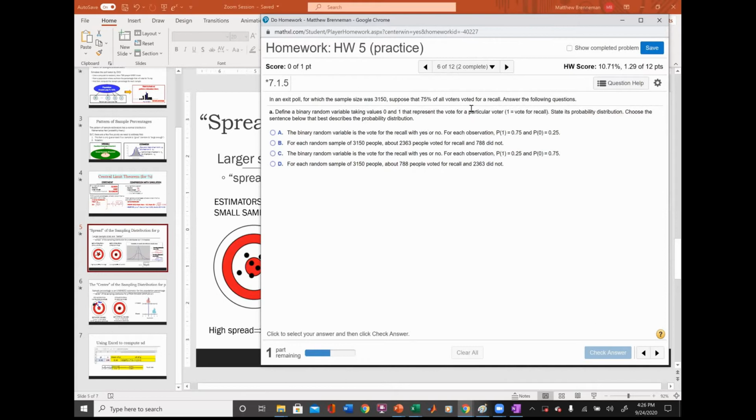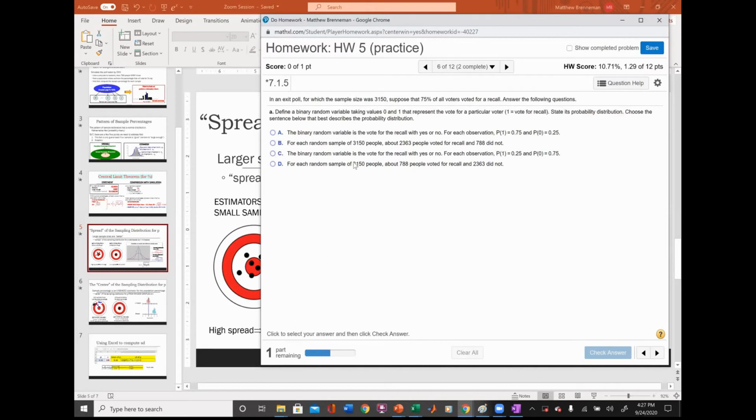But this is asking the same sort of thing. So we know that pi is 75%. So there's a 75% chance an individual that's randomly chosen will vote for the recall. And that's what they're asking for here. So they want to know what describes the probability distribution for the individual.